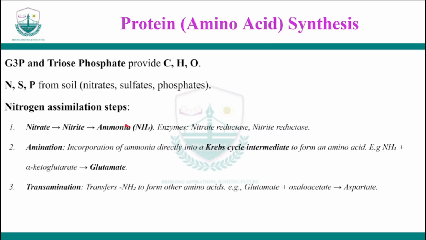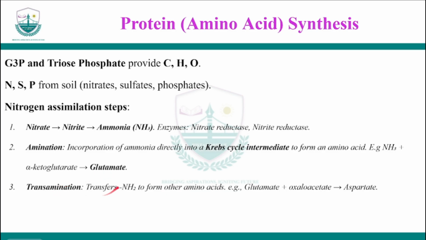Remember, ammonia is very toxic, so it has to be dealt with very fast. This happens through incorporating the ammonia into the Krebs cycle, through Krebs cycle intermediates, to form amino acids. An example of this is how we form glutamate.